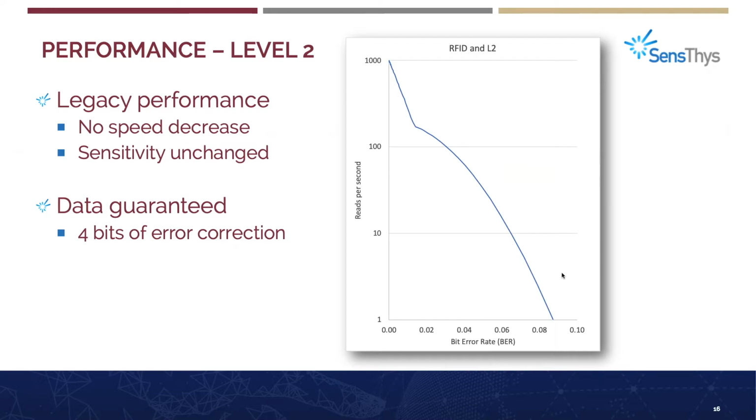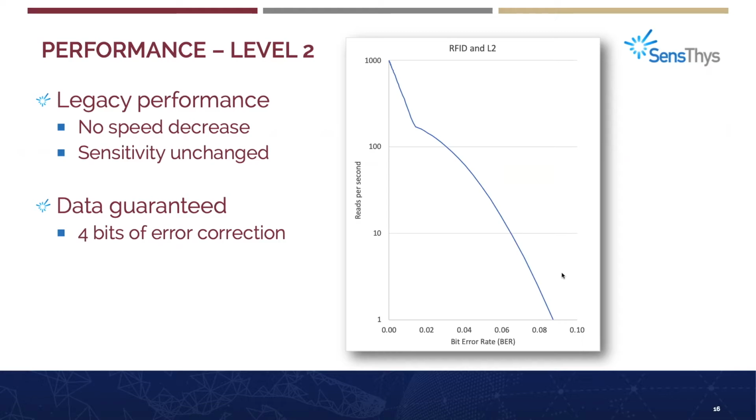So let's talk about what Epic does. Actually, it has two things. The first is that it absolutely guarantees the data that you receive is correct. So there's error correction for problems on the tag. That's what we call level 2. Level 2 is available on readers from us, or you can hang it after other readers.